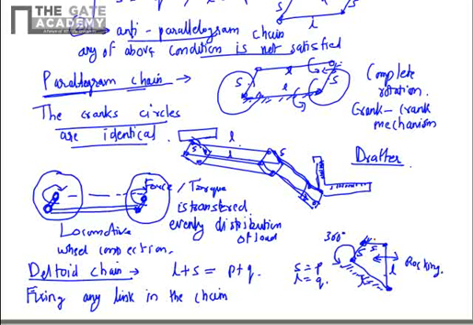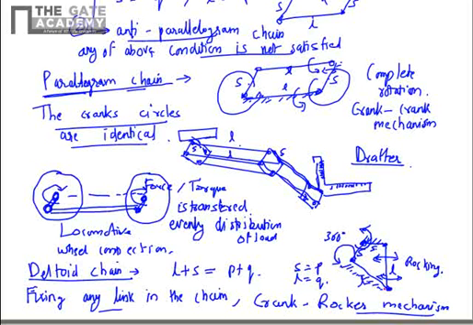If you fix the shorter link, then the other shorter link can have a complete 360-degree rotation, and this one can have rocking motion. So in both cases, you get a crank rocker mechanism. So in a deltoid chain, there are two short links of equal length, two long links of equal length, and by fixing any of the links in the chain, a crank rocker mechanism is obtained.